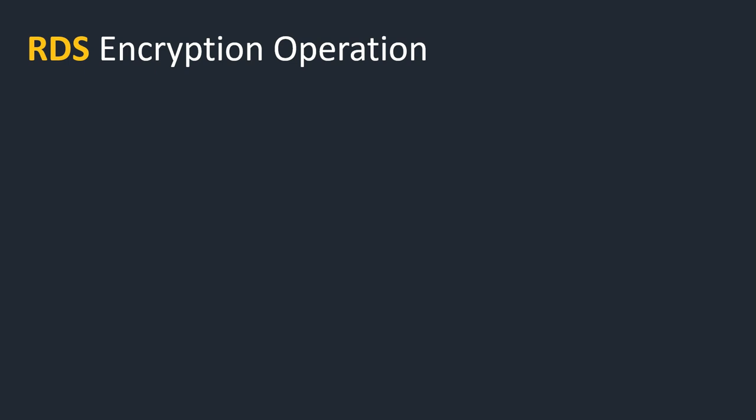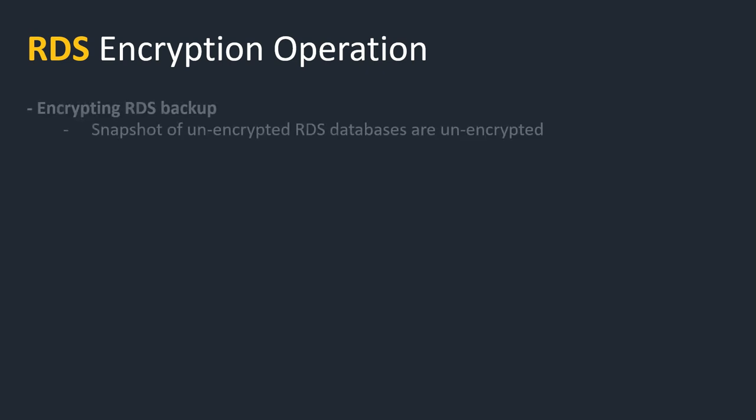So there are some RDS encryption operations that you should know, and the first one is, how do I encrypt an RDS backup? Something you should know is that if you have an unencrypted RDS database and you take a snapshot of it, then the snapshot itself will be unencrypted.